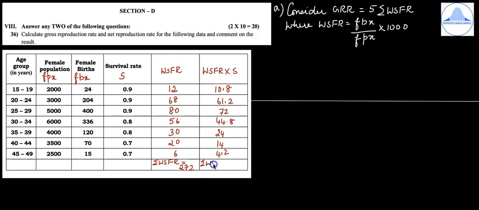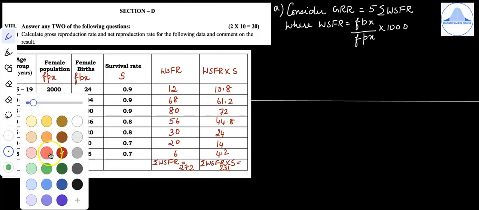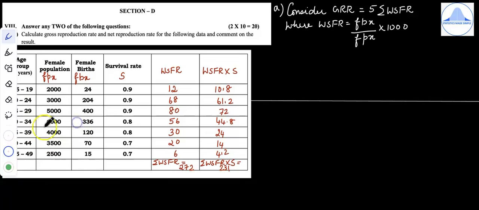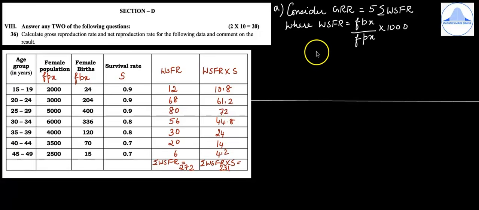So summation WSFR into S is equal to 231. Now I go back and do the calculations for GRR, and then I will complete it for NRR.